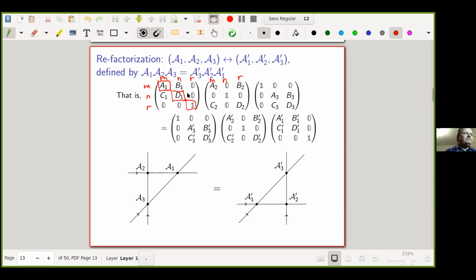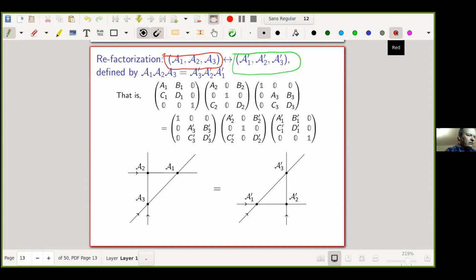And consider this refactorization problem. You have these three block matrices, and you want to build these three block matrices from them.